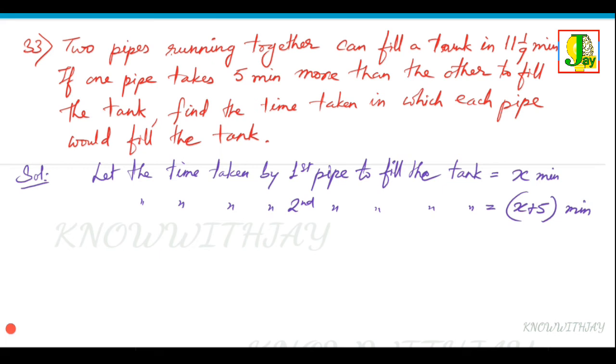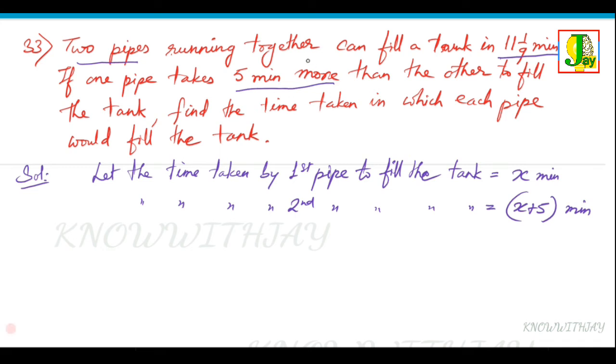In this question we have two pipes that are running together to fill a tank in 1 by 9 minutes. So the total time taken by the two pipes is given as 1 by 9 minutes, and one pipe takes 5 minutes more than the other pipe.